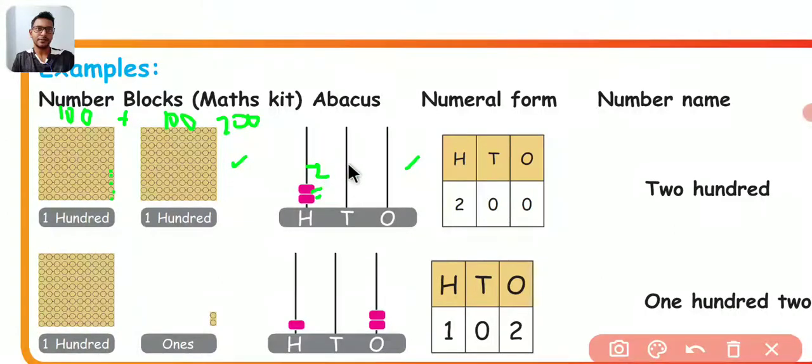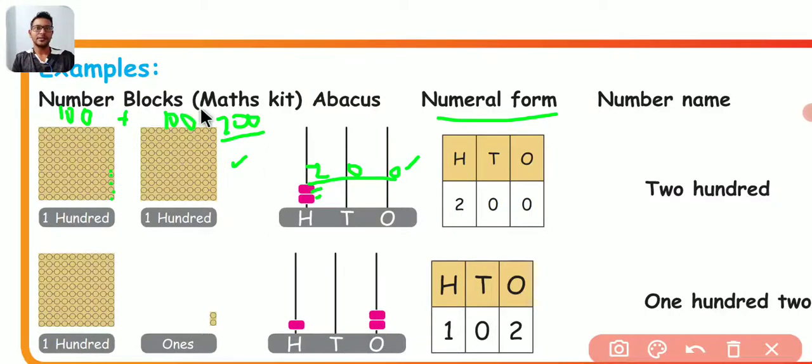Then this is 0, this is also 0. So the number is 200. The picture and the abacus both show 200. In numeral form, how do we write 200? This 0 is in ones, this 0 is in tens, this 2 is in hundreds.